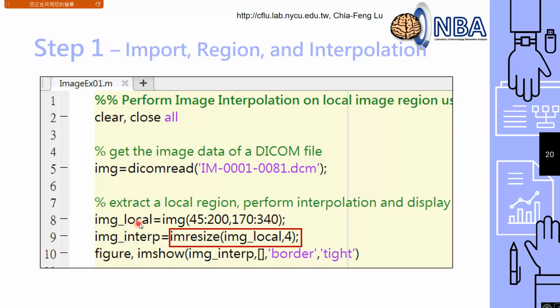So we get an image called local. It is the same thing that we did last week. Sorry, we didn't use the interpol, we use the image resize. We should use the image resize with a second input of 4, because I want you to do this with a factor of 4. And we can use the image show right here.